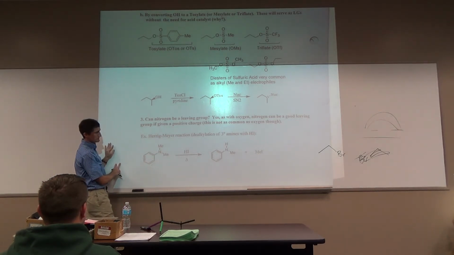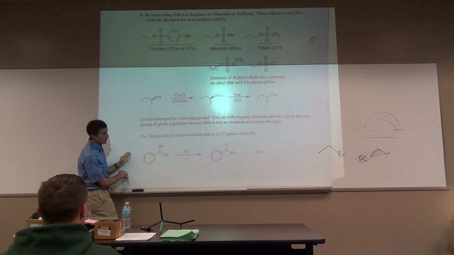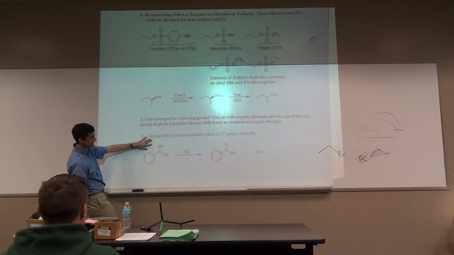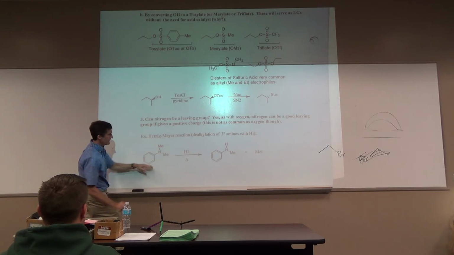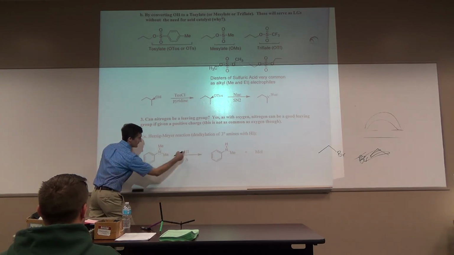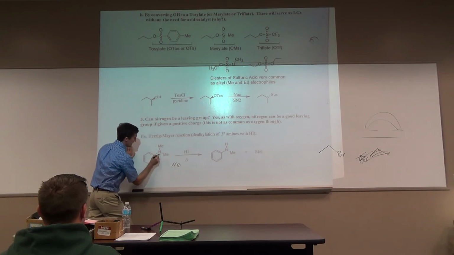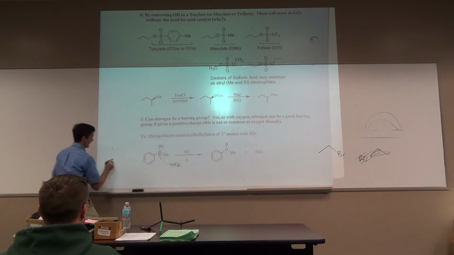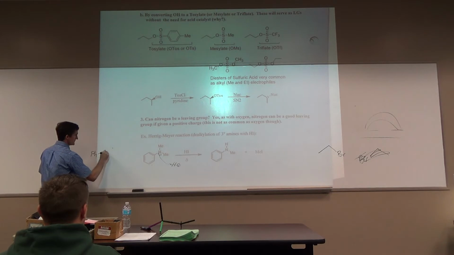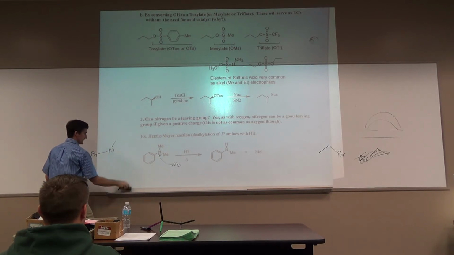Mechanism for this. Well, what's going on? Need to protonate the nitrogen. Okay, let's protonate it. We've got strong acid. That will give, I'm just going to draw that phenyl. Let's draw these methyls out as CH3.